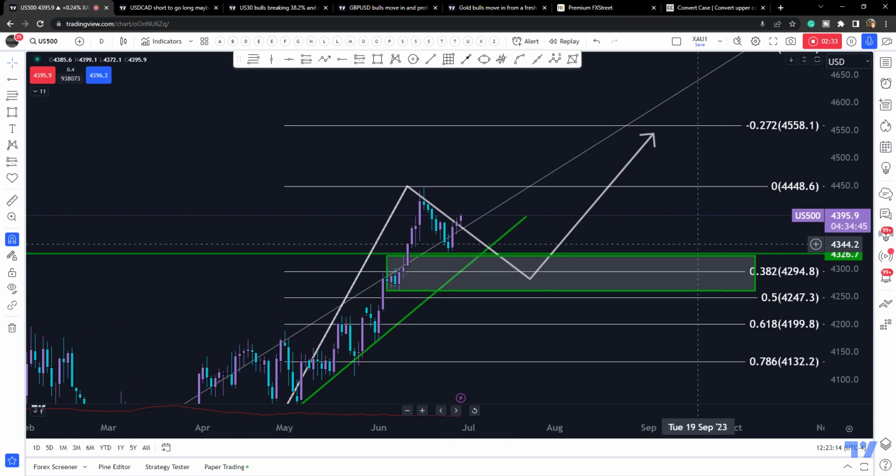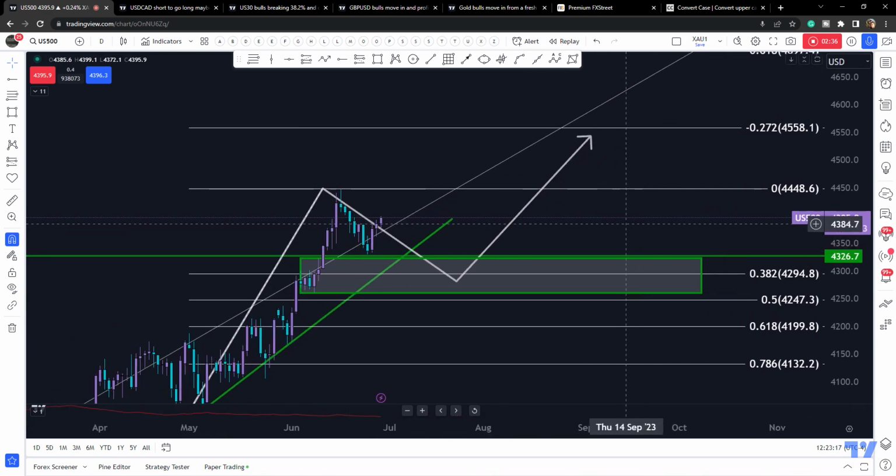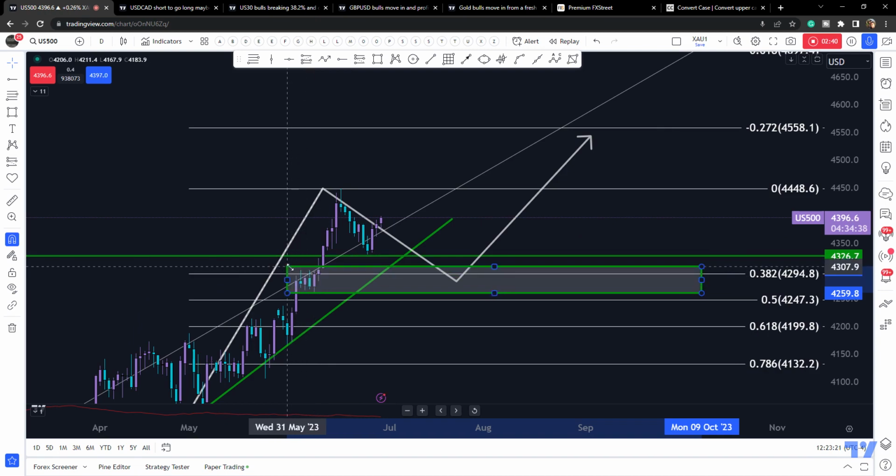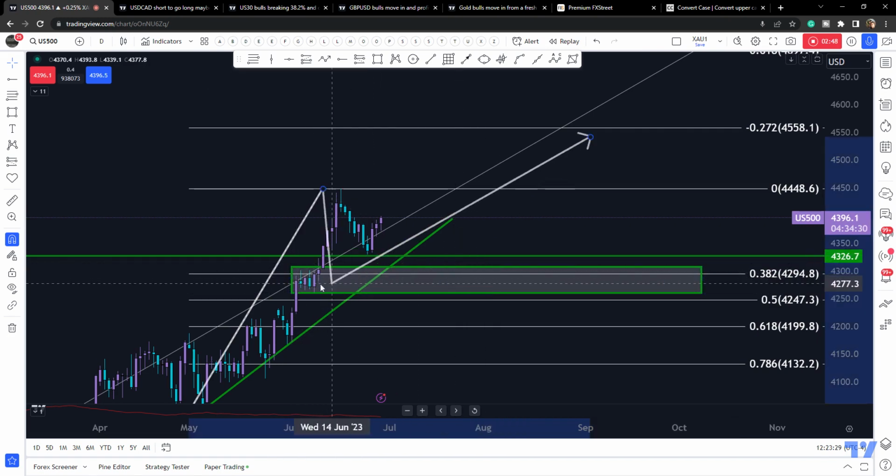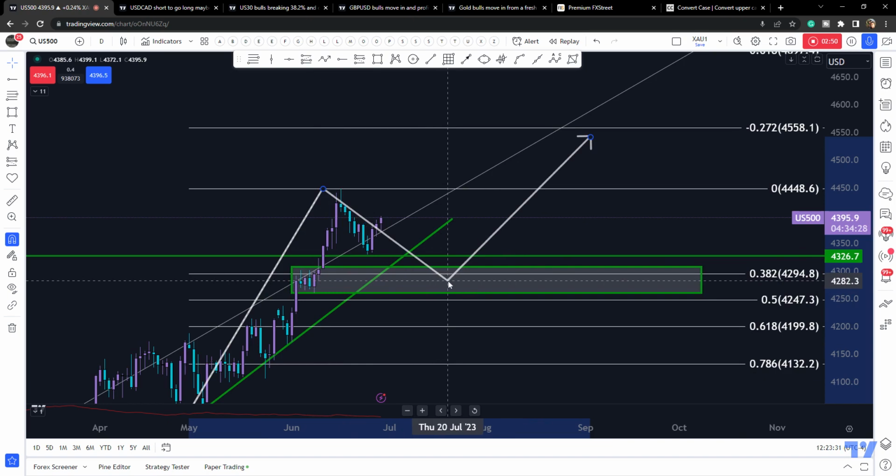So the daily chart is currently giving us prospects of a move into 38.2, as we said, as support.